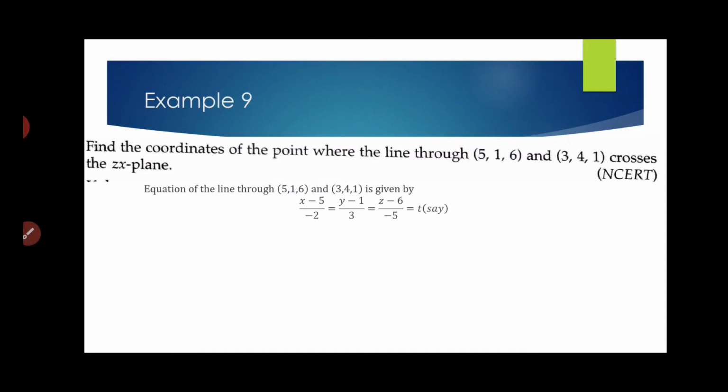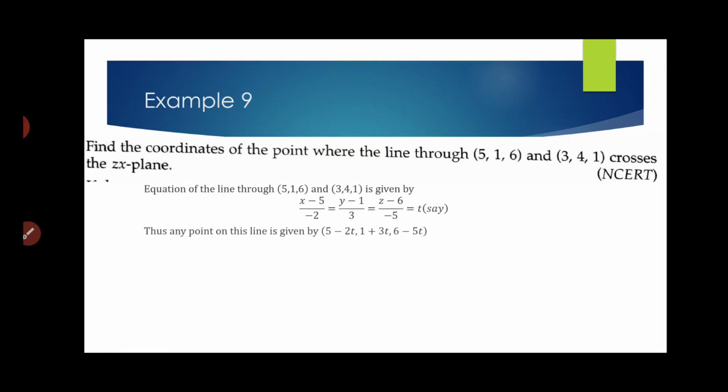Now I need to find the point on the zx plane through which the straight line passes. So if this is the equation given in the symmetric form, I can always write any point on the straight line in that form. How can I say so? You can see very easily.